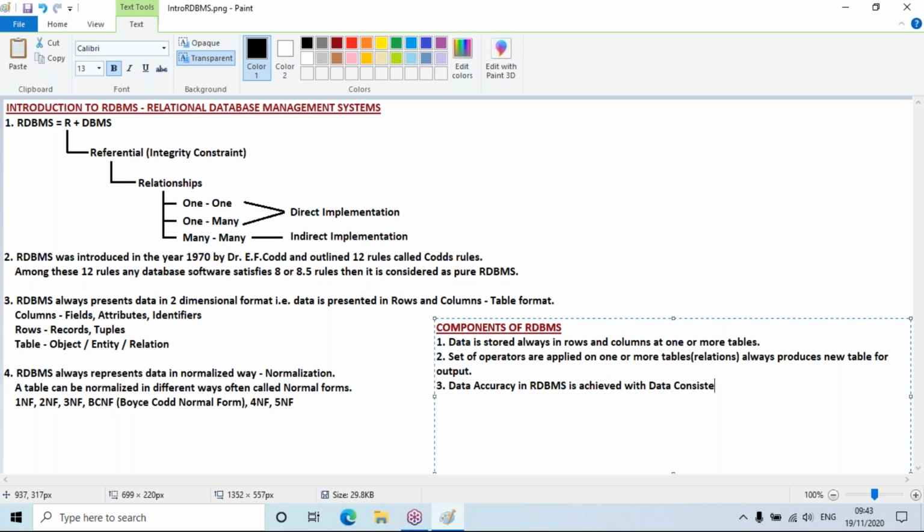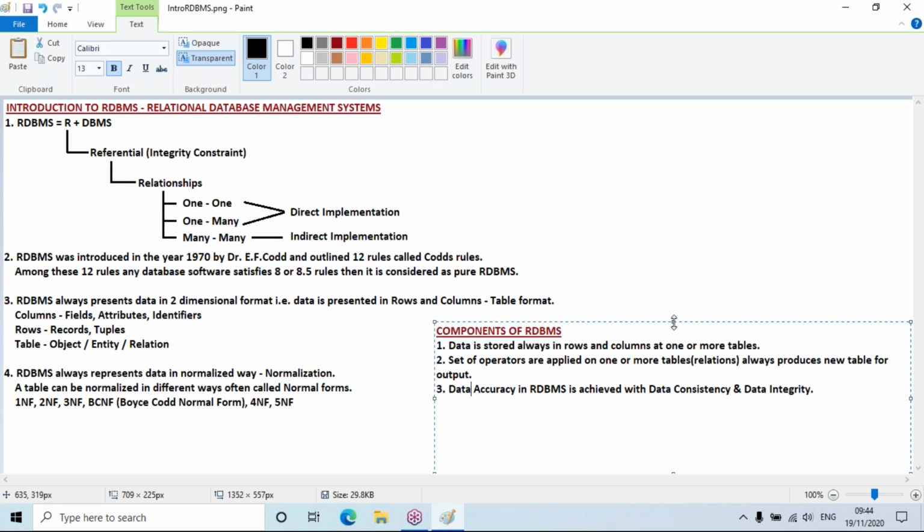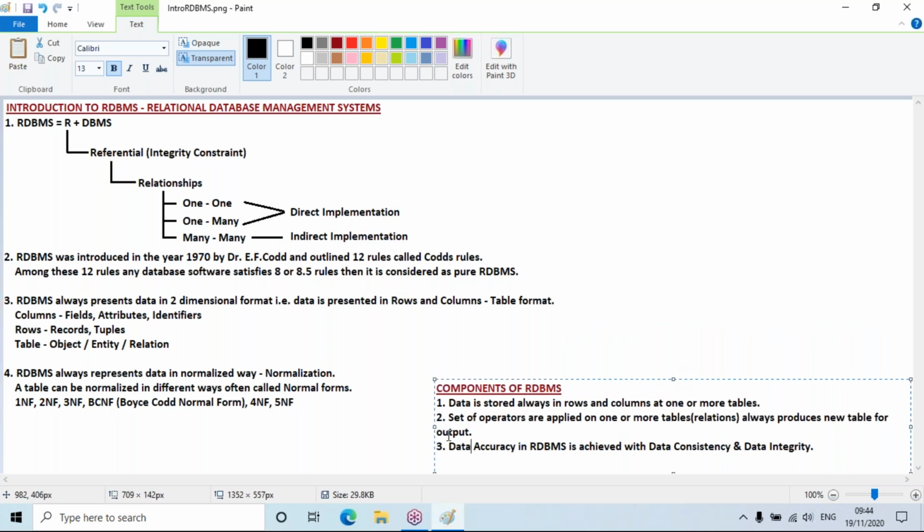Data consistency and data integrity. Yes, the last two are important. Data accuracy means accurate data. In RDBMS we are going to achieve it with what topics I said? Data consistency and data integrity. Two topics.